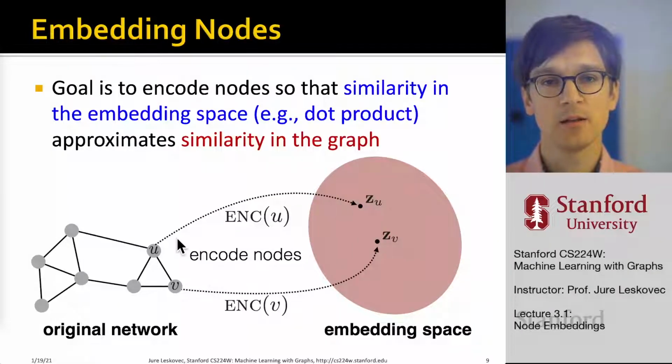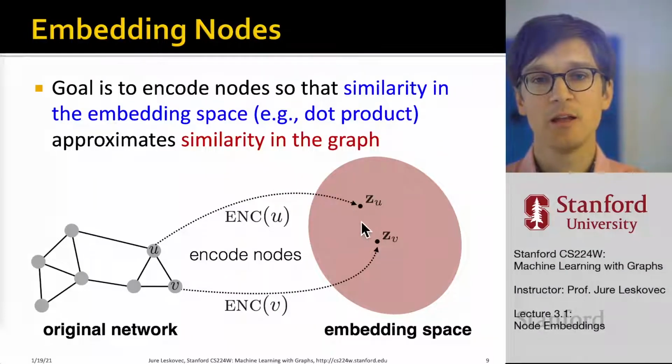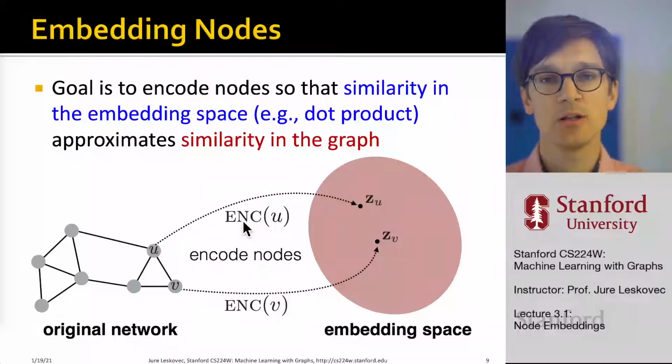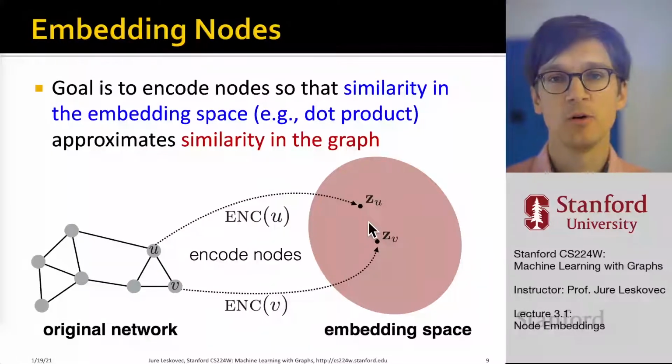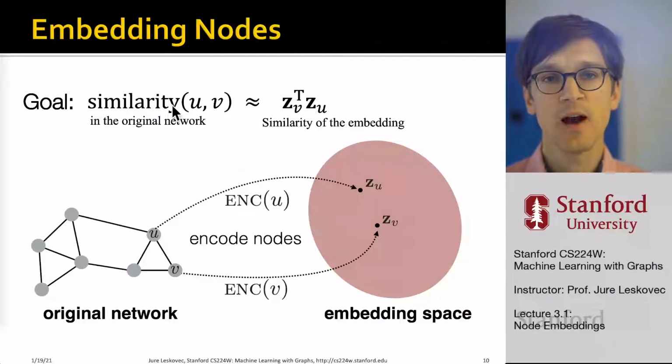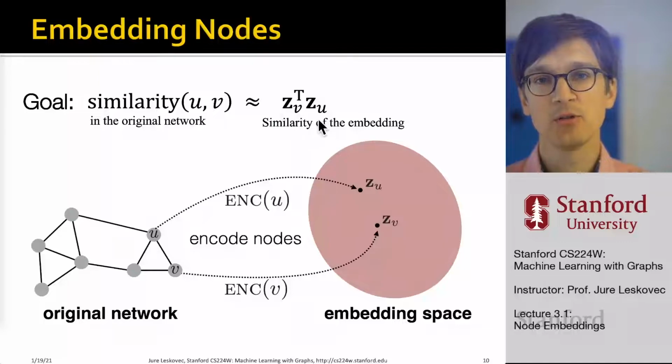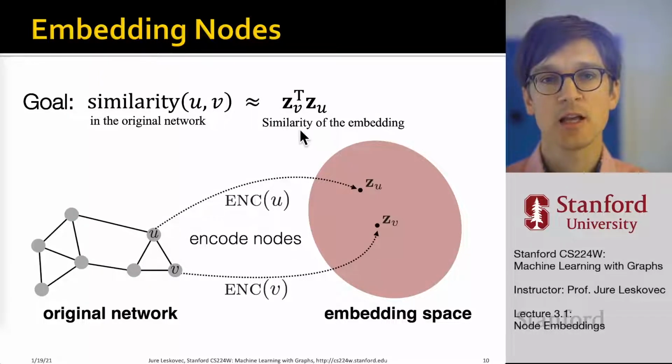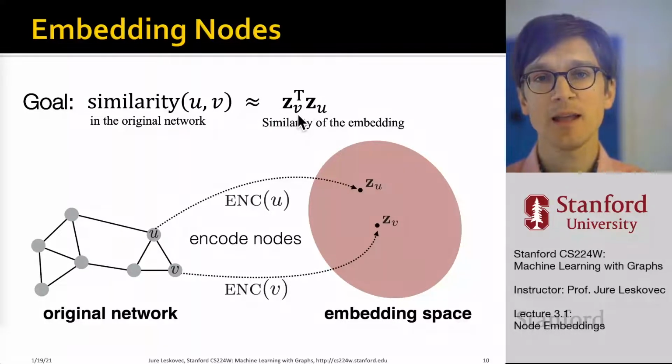And the idea is that some notion of similarity here corresponds to some notion of similarity in the embedding space. And the goal is to learn this encoder that encodes the original network as a set of node embeddings. So the goal is to define the similarity in the original network and to map nodes into the coordinates in the embedding space such that similarity of their embeddings corresponds to their similarity in the network.